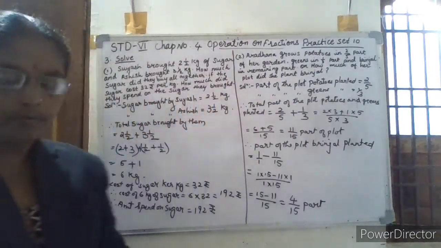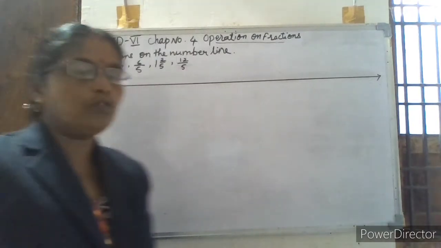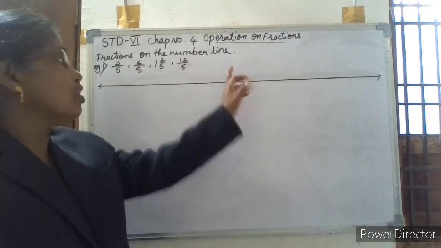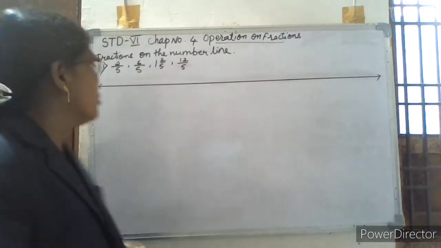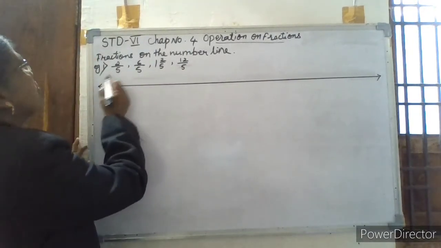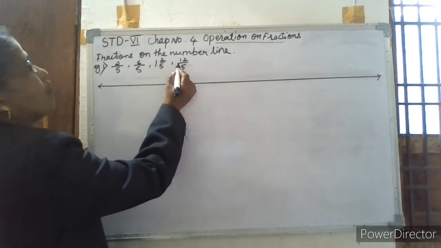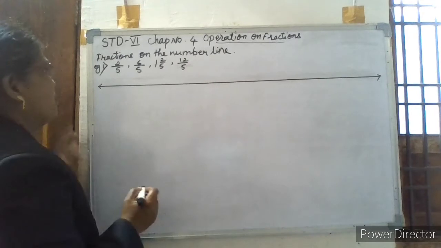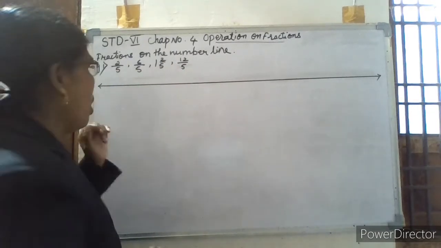Now we are going to learn how to plot fractions on the number line. I have drawn the line. Fractions are given, for example, 2 by 5, 6 by 5, 12 by 5. You can see the denominators are all 5. Now I have to divide this number line into equal intervals.